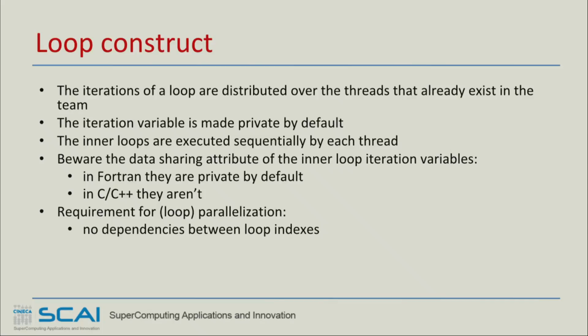So the idea is to take a loop and try to distribute over the threads the iterations that are contained in those loops. By default, the iteration variable is private, and if you have multiple nested loops, the inner loops are executed sequentially by each thread.